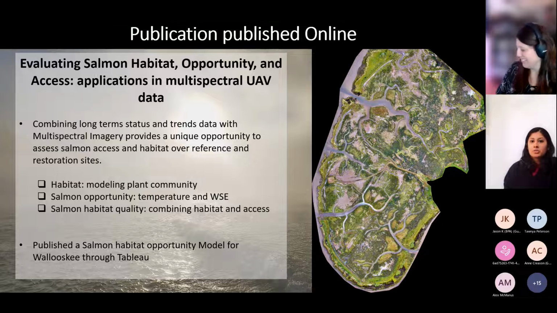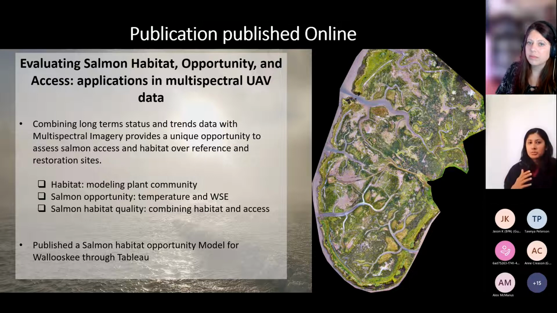Essentially, the goal of this approach is to integrate multiple aspects of wetland recovery, including native and non-native plant community development and changes in salmon habitat opportunity into a site-wide assessment of ecological condition. In addition to monitoring hydrologic conditions over the site, wetland plant composition data determines not only the habitat quality, but also the amount of organic material that goes into the juvenile salmonid food web.